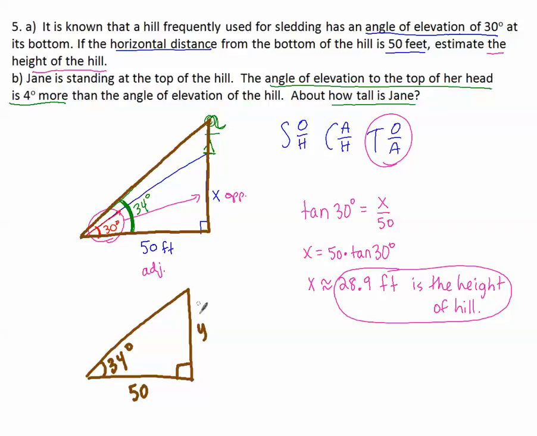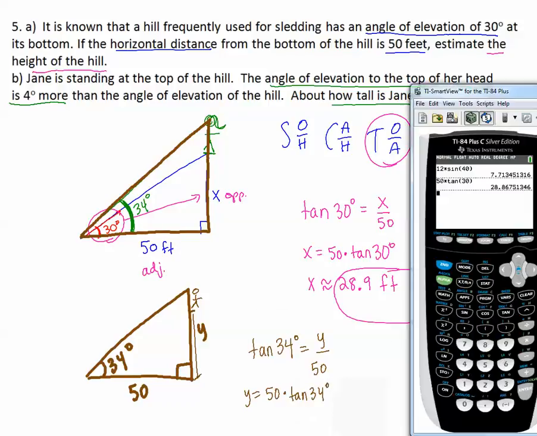So let's go ahead and find this vertical length. Remember, this is the top of Jane's head, and here's where the hill is from here down. We already know that amount. So y is that whole length right there. So again, opposite and adjacent makes us use tangent, but now it looks like this. Tangent of 34 degrees equals opposite over adjacent. So y is going to be 50 times the tangent of 34 degrees.